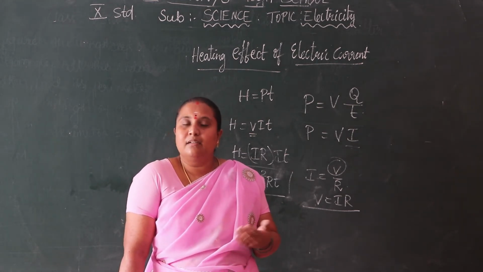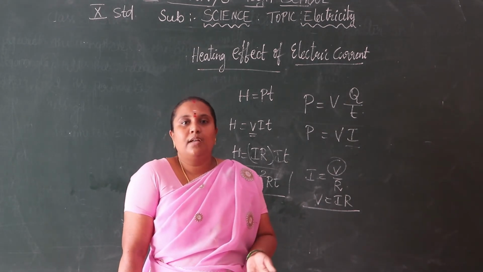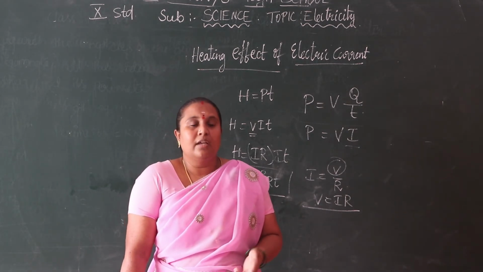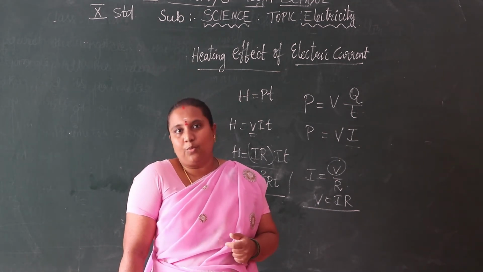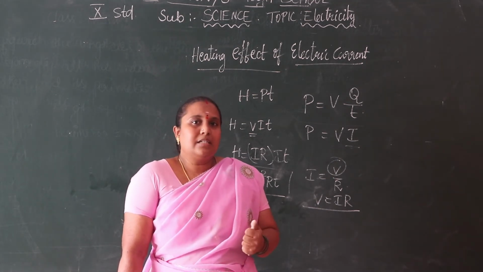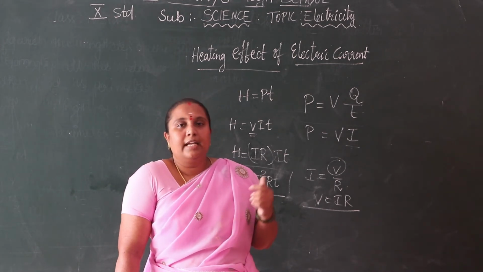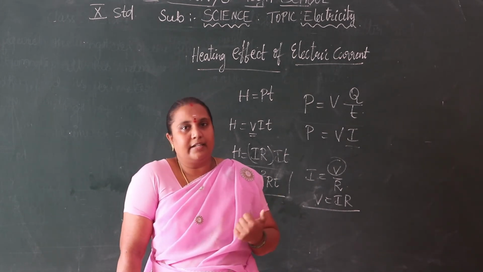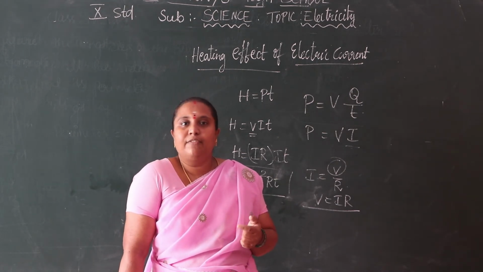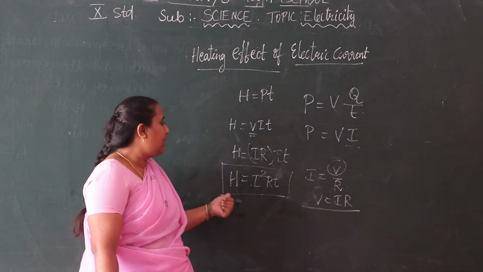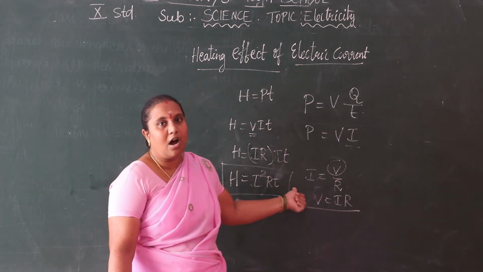Electronic flasks we are also using nowadays. That is an example of the heating effect of electric current. How do we find out the heating effect of electric current? That is H equals I squared RT.